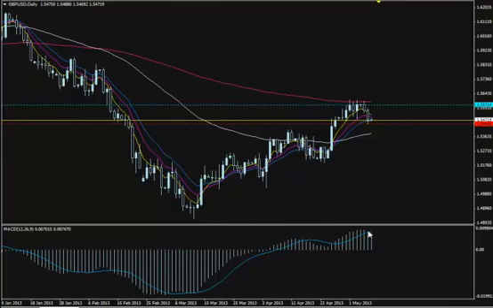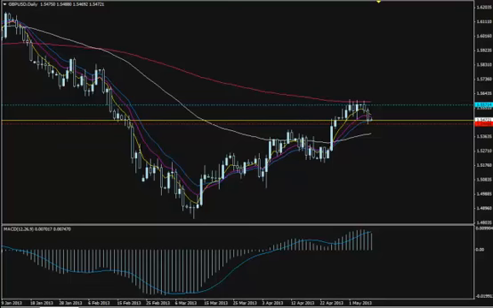The histogram is positive, is bullish above the zero line. We had this curve because of this correction, but odds are the price will keep going upwards once the correction is done. If we had our stop somewhere here, it would be close to the 65 EMA of the daily chart.